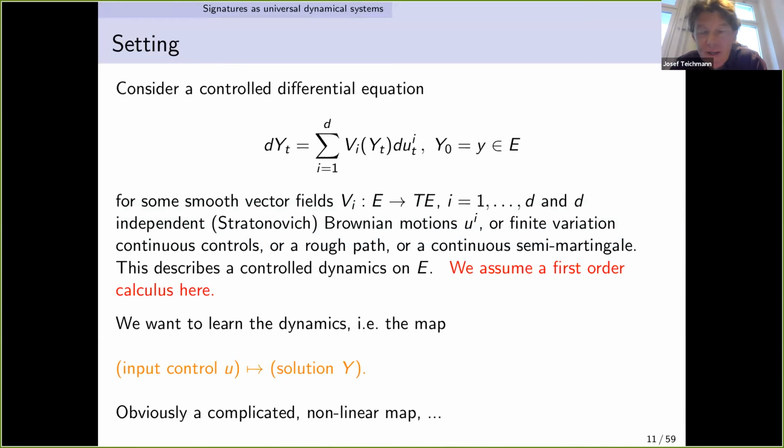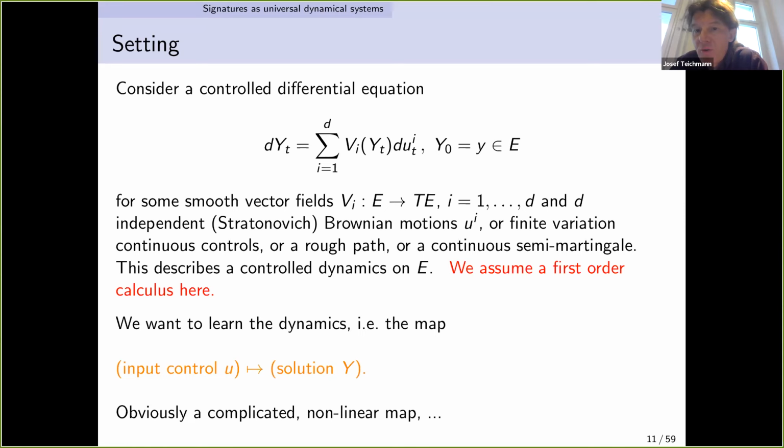So consider a controlled ordinary differential equation as we had it before, and U is either a finite variation continuous control, it could also be a rough path, it could also be a continuous semi-martingale. Continuous means not only continuous time, but also continuous trajectory. It could be a Brownian motion.